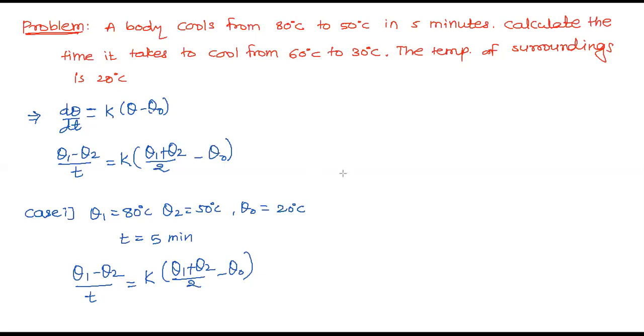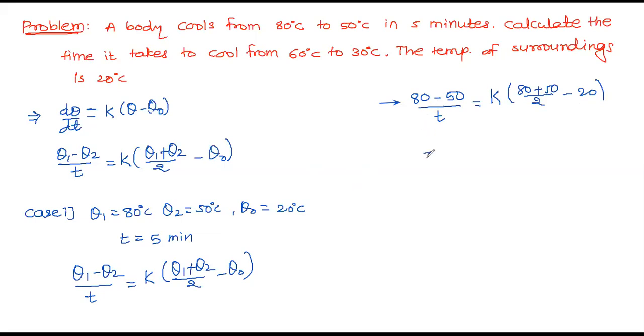So let's move ahead. Now here theta 1 is how much? 80 minus 50 divided by t is equal to k into 80 plus 50 by 2 minus 20.